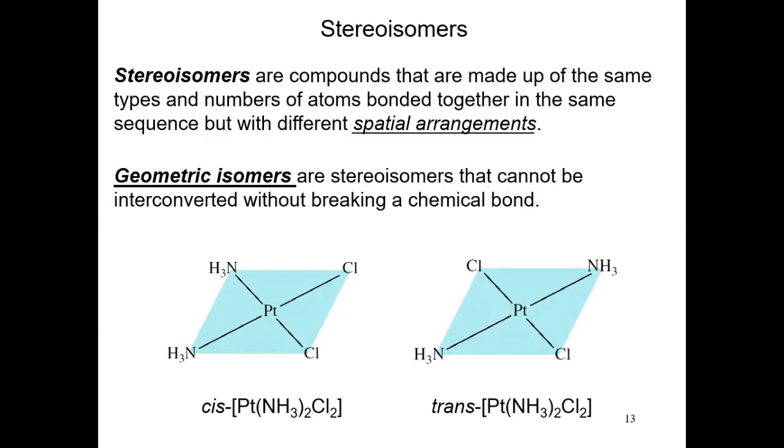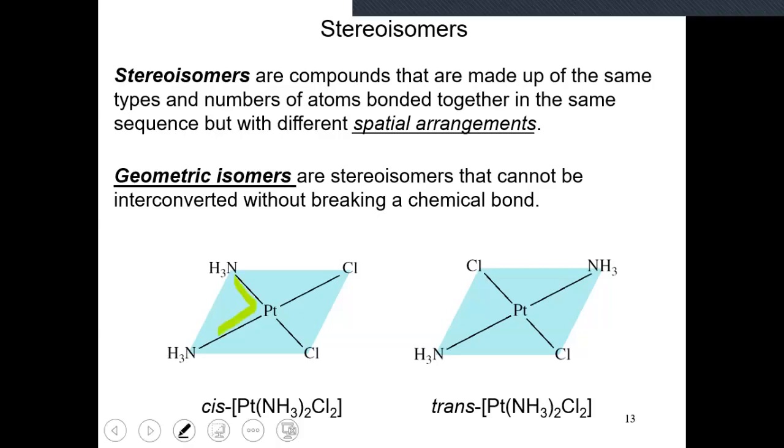Well, look essentially at the angle between the ligands that are of the same kind. Notice, for example, that in the cis complex, the ammonia molecules are at right angles to each other, and so are the chloride ions. But in the trans one, you have 180-degree angles.